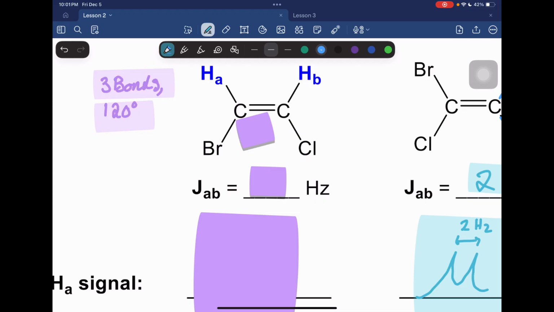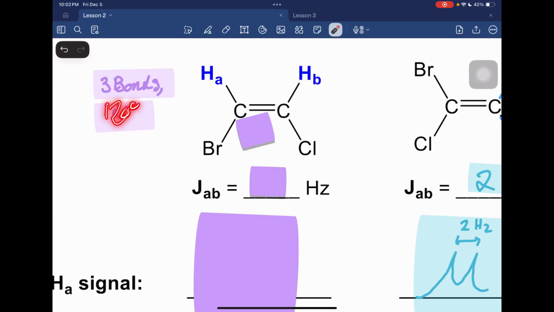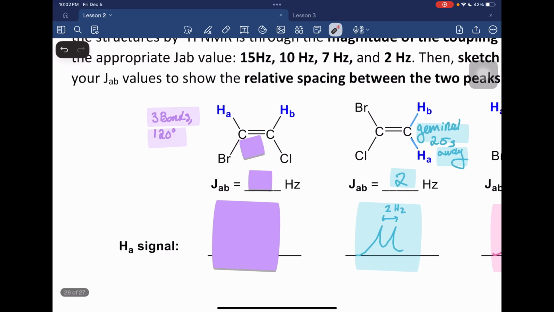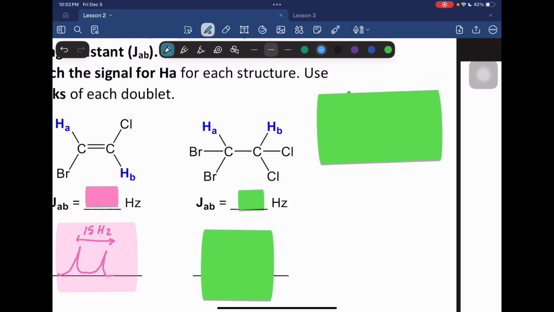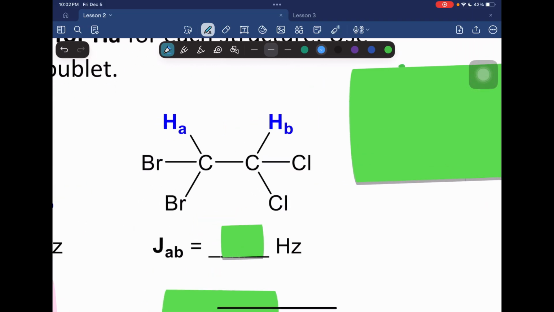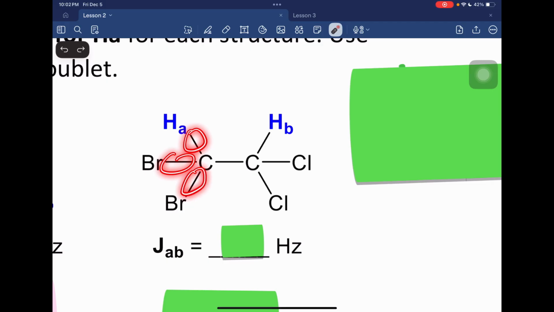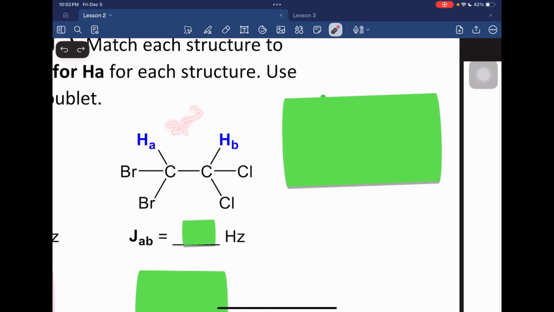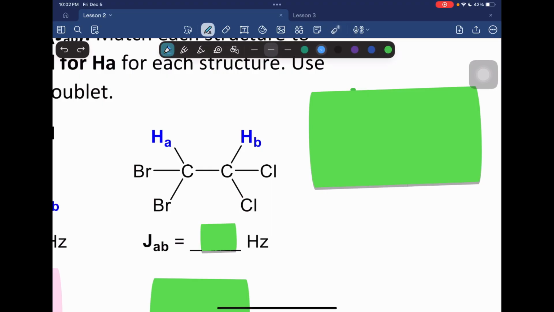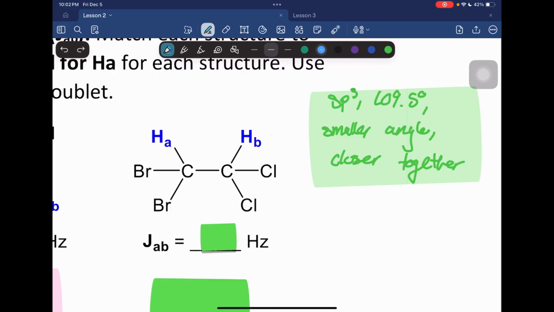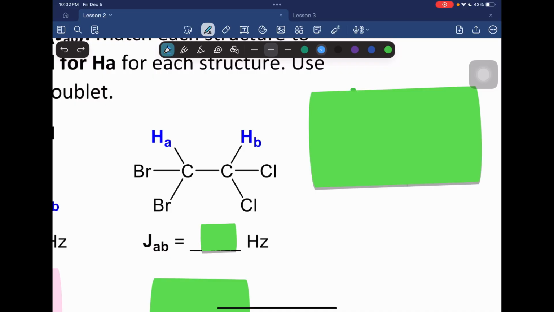Before we reveal anything, let's go over here and look at this one. This is 1, 2, 3, 4. That's going to be sp3 hybridized, and sp3 hybridized means it's going to have 109.5 degrees.